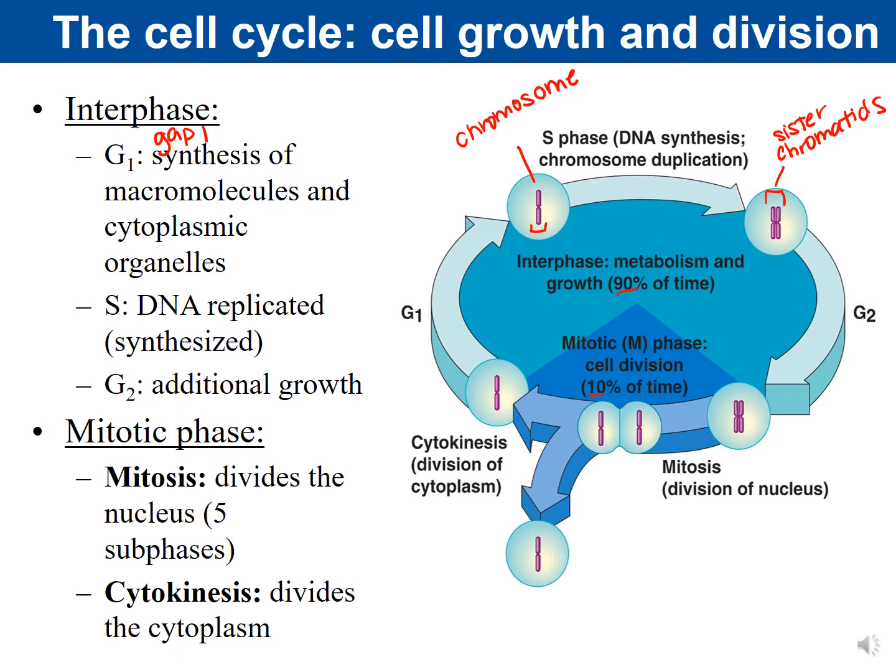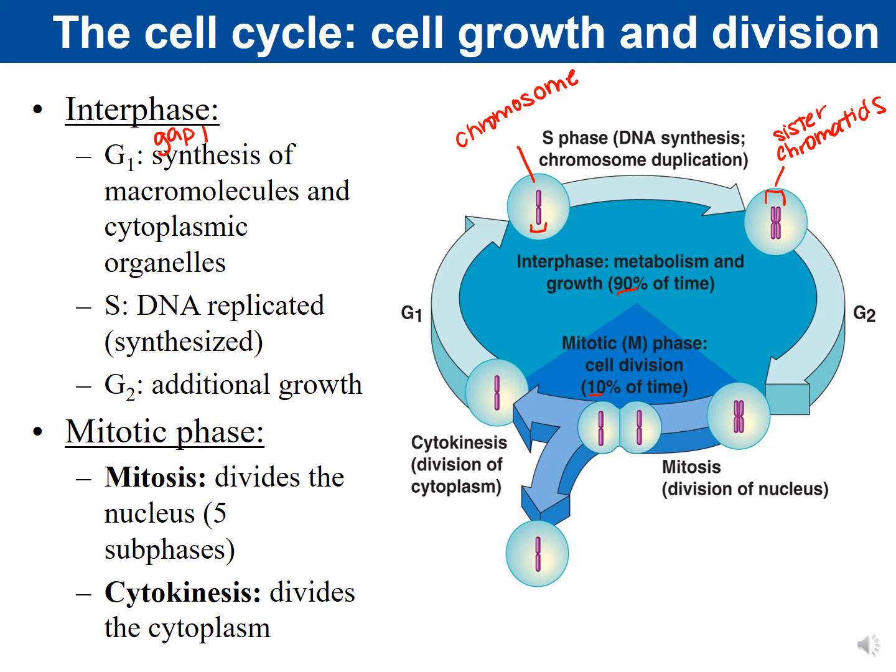Mitosis can be divided into 5 subphases. Sometimes you'll hear it referred to as 4. And that is PMAT. The way I remember that is PMAT: prophase, metaphase, anaphase, telophase. Some groups have prometaphase, which is why it says 5 subphases. So mitosis is going to divide the nucleus.